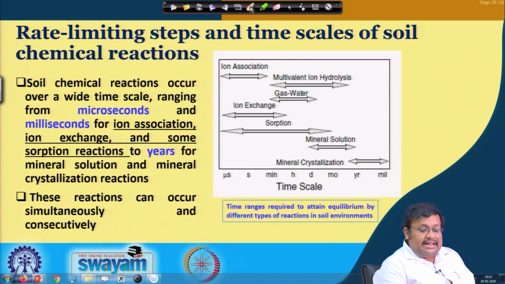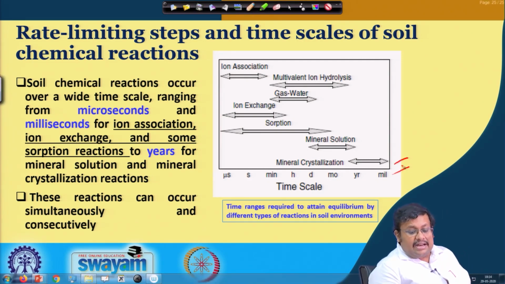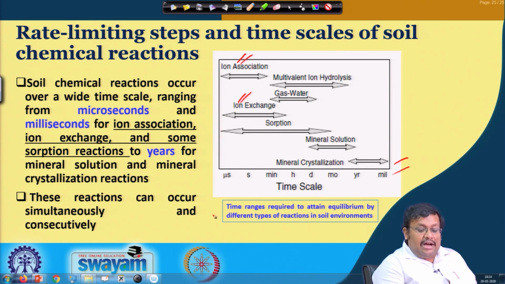This is very clear from this graph, if you put the time scale on the x axis, you can see that ionization, ion exchange and to some extent sorption are very rapid processes.